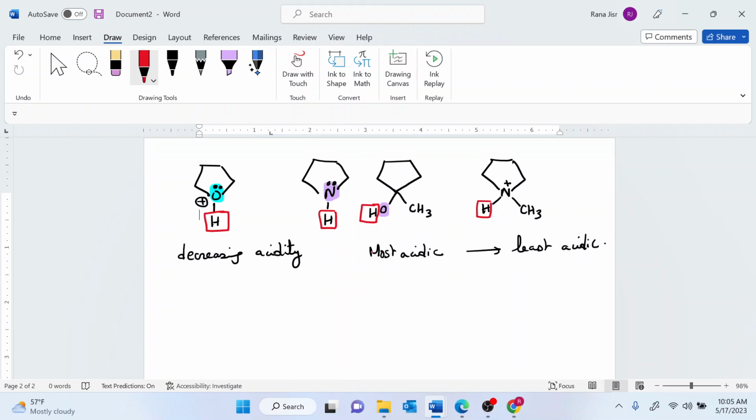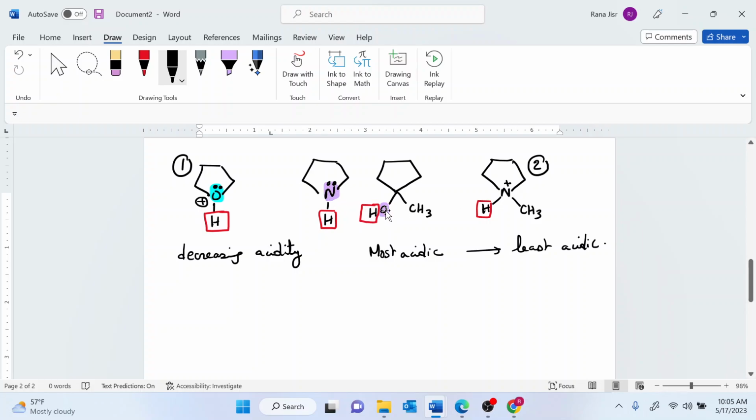So to rank, in this case, I'm just going to go ahead and number those. The most acidic one will be the oxygen with a plus charge. And after this, you will have the nitrogen with the plus charge. So you rank your positive charges first, because a positive charge is a sign of acidity. After that, you go to the neutral compounds.